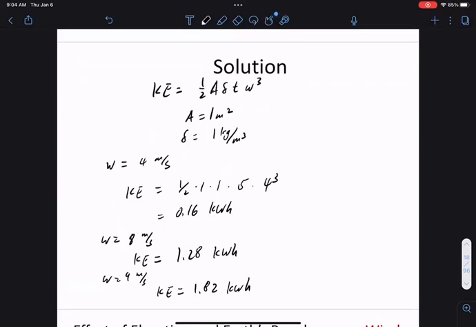This again shows that going from 4 to 8 makes a big difference, and going from 8 to 9 still makes a big difference. So the marginal return for increasing speed is very, very high. This is for homework.